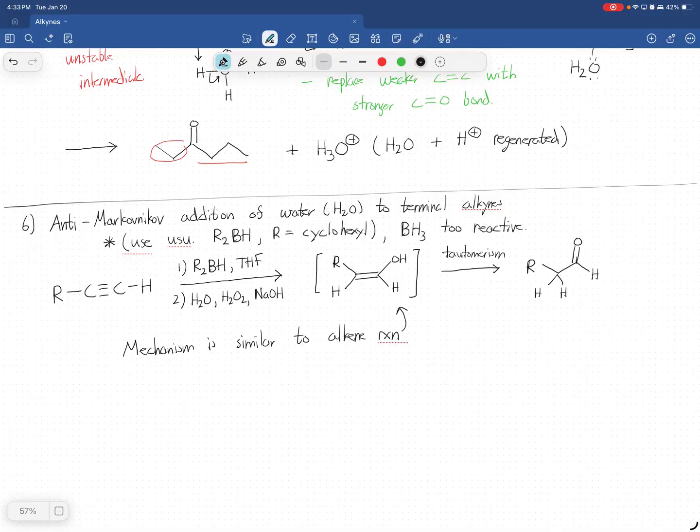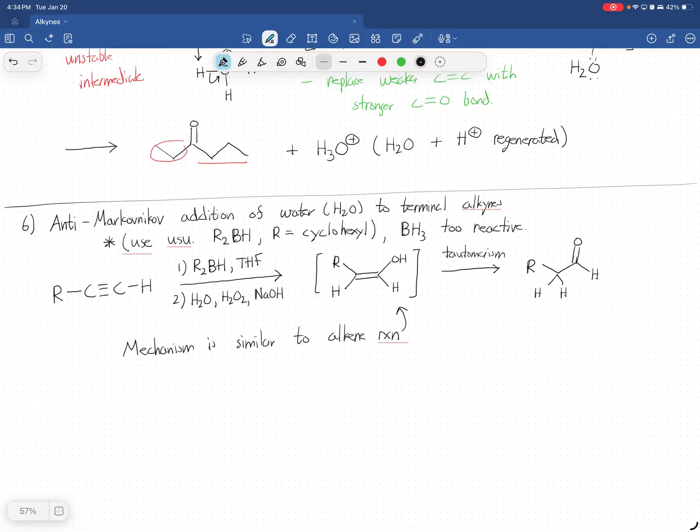So first what happens is you get hydroboration. So you're going to get a boron added to the alkyne. It'll form this alkene group here with a BH2. But then the second step, remember we had that oxidation step where the oxygen from hydrogen peroxide migrates to the boron. And pretty much what happens there is that you get a migration step, and that's the oxidation step of the molecule.